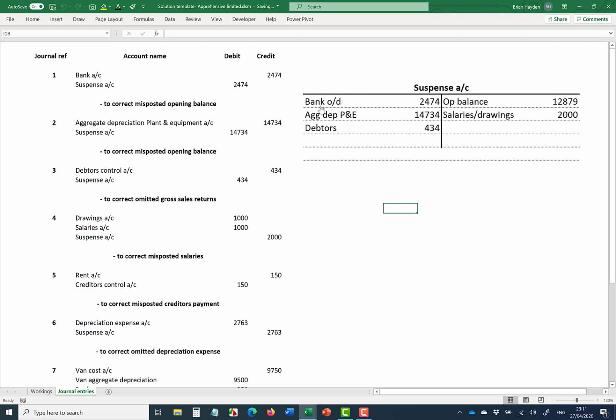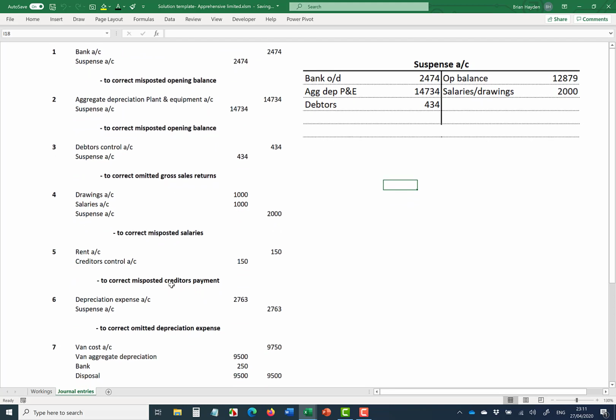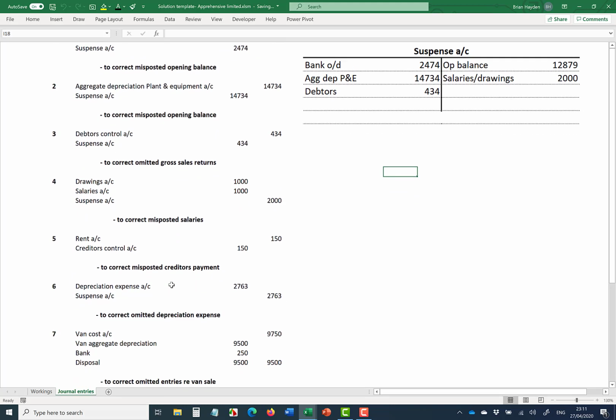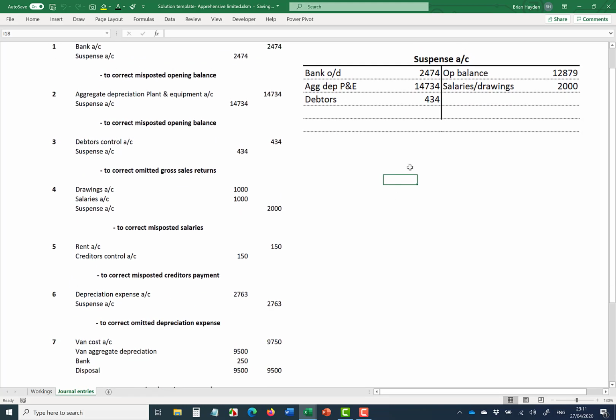And it would be perfectly acceptable to have Journal 1 as the description here, Journal 2, Journal 3. You don't have to have actual text of the names of the other ledger accounts. So that's an alternative and valid way of describing the entries in the suspense account. There was nothing in Journal 5. Journal 6 was credit suspense account with 2,763.